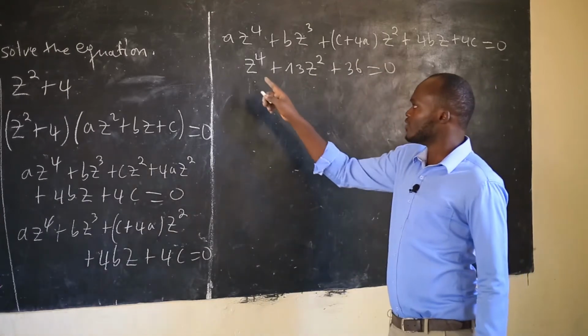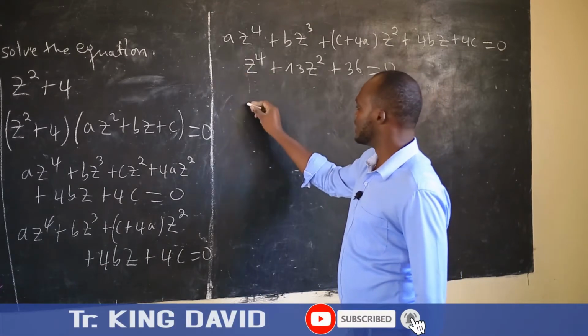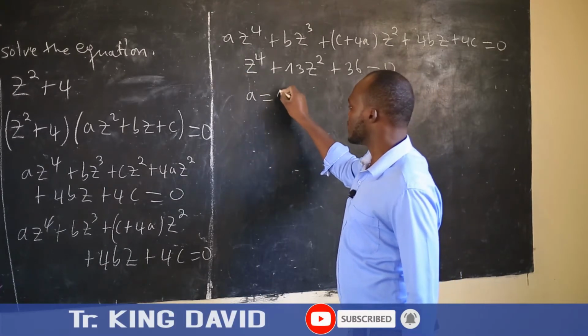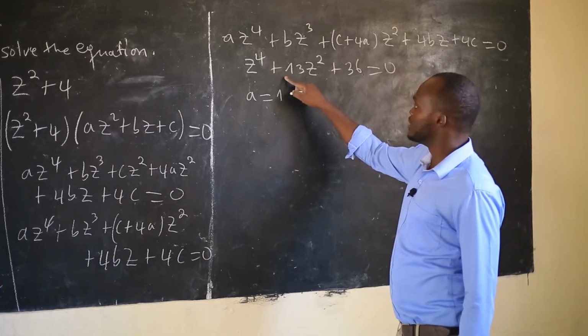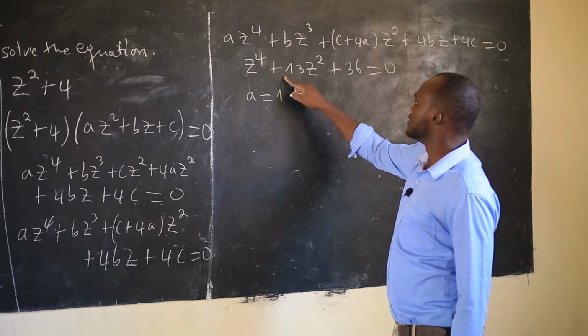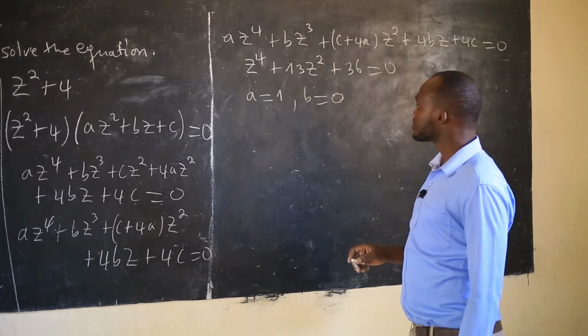So the coefficient of z power 4 here is 1. That's to say a equals 1. You don't have z power 3 here, so its coefficient is 0, so our b is 0.